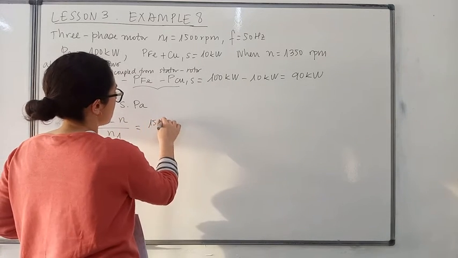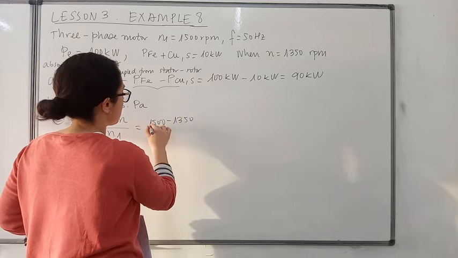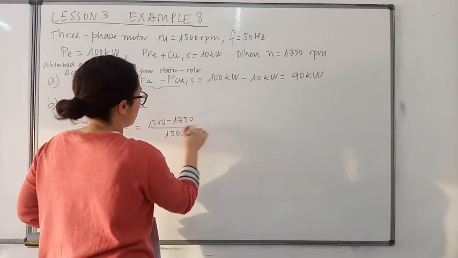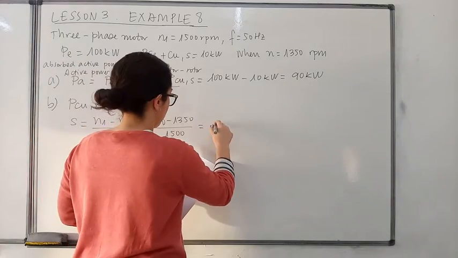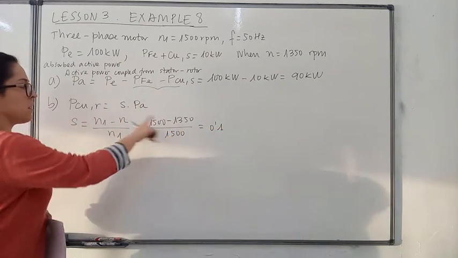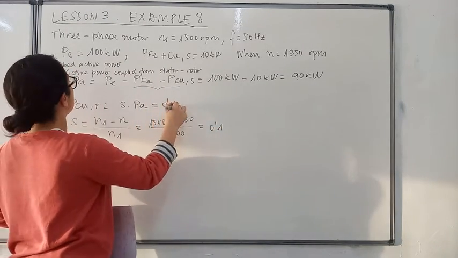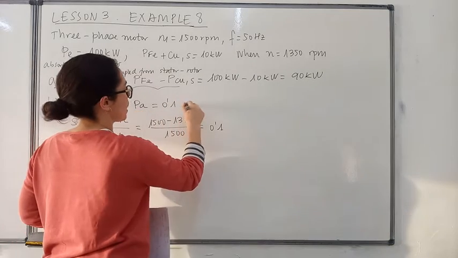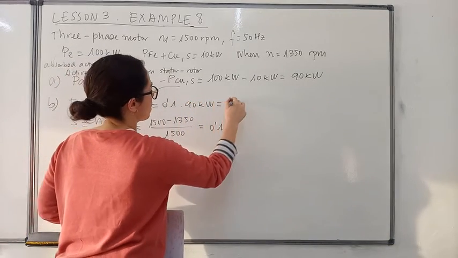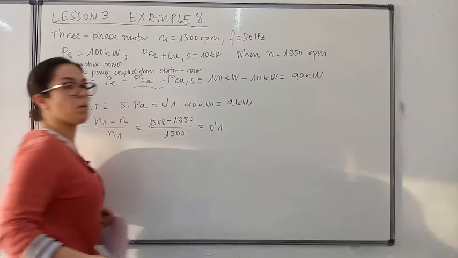So that is this minus this divided by 1,500, which gives a result of 0.1. So the sliding is 0.1, and the active power coupled from the stator to the rotor is 90 kilowatts. So that gives 9 kilowatts.